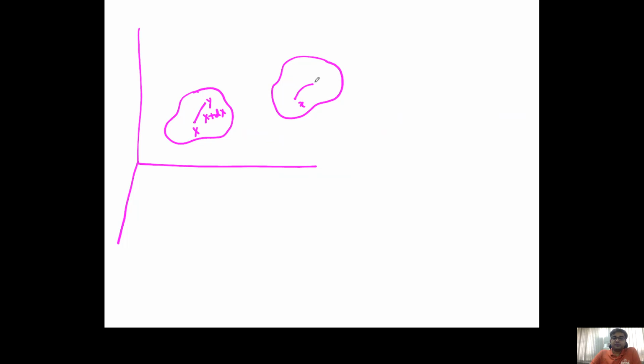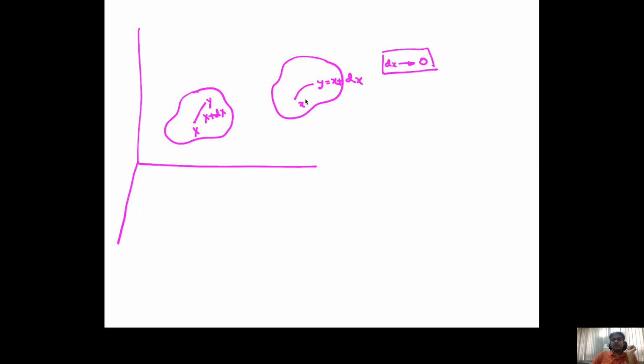Small x becomes small y, which is nothing but x plus dx. Now, what we want to know is the change in the length. Now, there is a limiting condition, and that limiting condition is dx tends to 0. And with this limiting condition, this curve you are seeing here will become very close to a straight line. So now let us see what we can do.